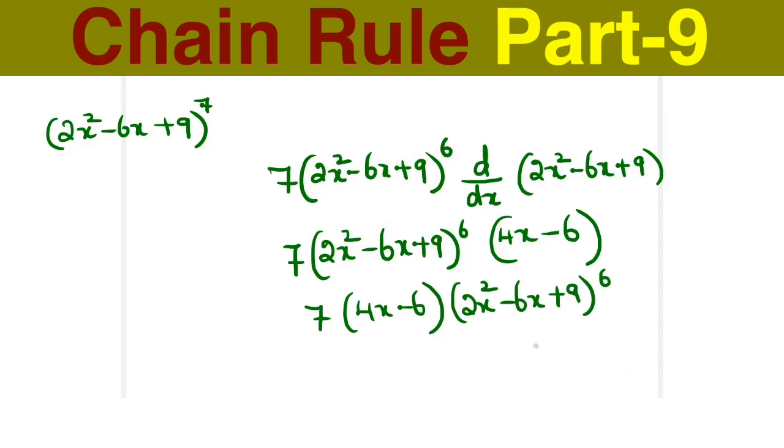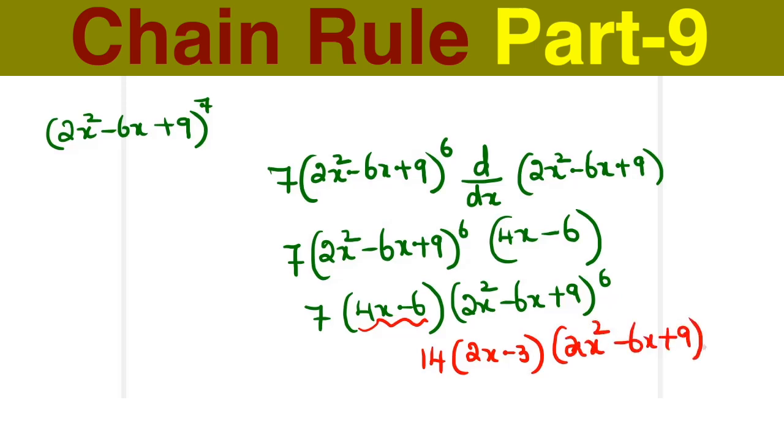You can leave the answer like this, or you can take 2 outside these two terms and multiply that 2 here to simplify the answer as 14 into (2x − 3) into (2x² − 6x + 9)⁶.